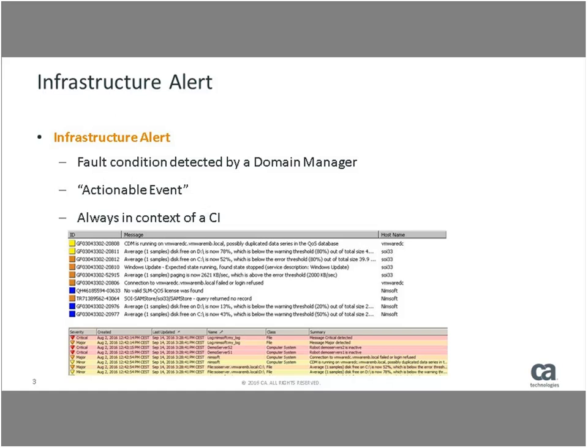This is something that a domain manager, like Spectrum, UIM, APM, or third parties like SCOM or other monitoring tools, detect and report about a specific object they monitor. This can be a fault condition, but it doesn't have to be a fault, just something which is important to notice. And this is the thing I would like to highlight a little bit here.